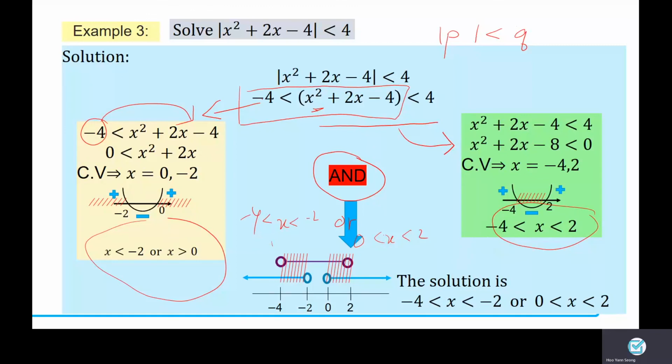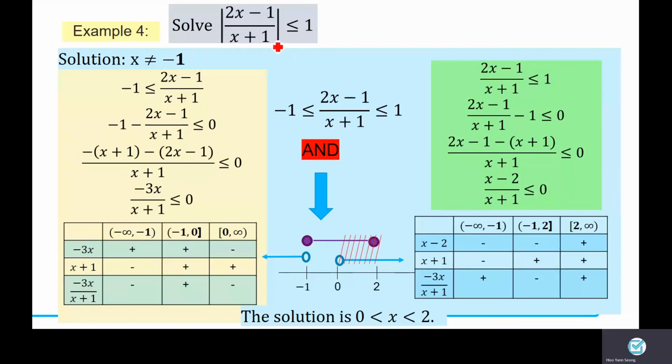Now we look at another inequality, which involves rational expressions. As always, the first thing we need to do is make our absolute disappear. By definition, less than, my answer is in between negative 1 and 1.